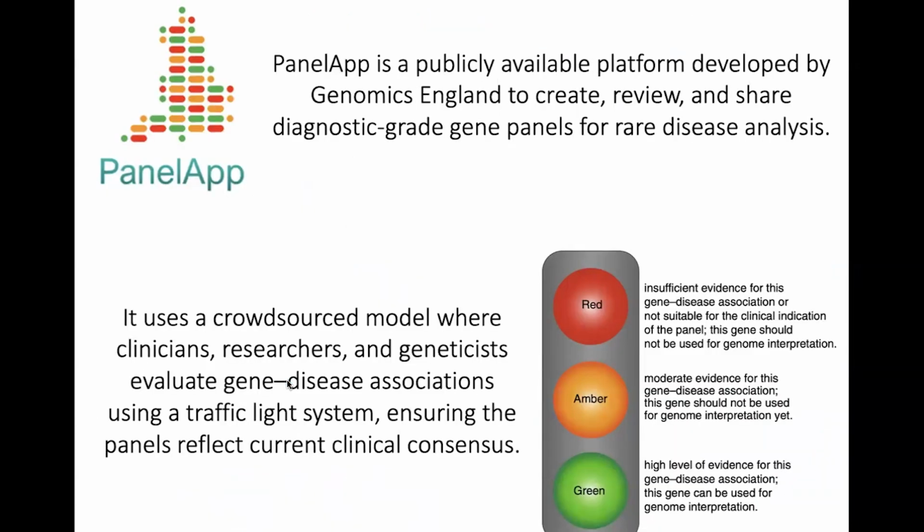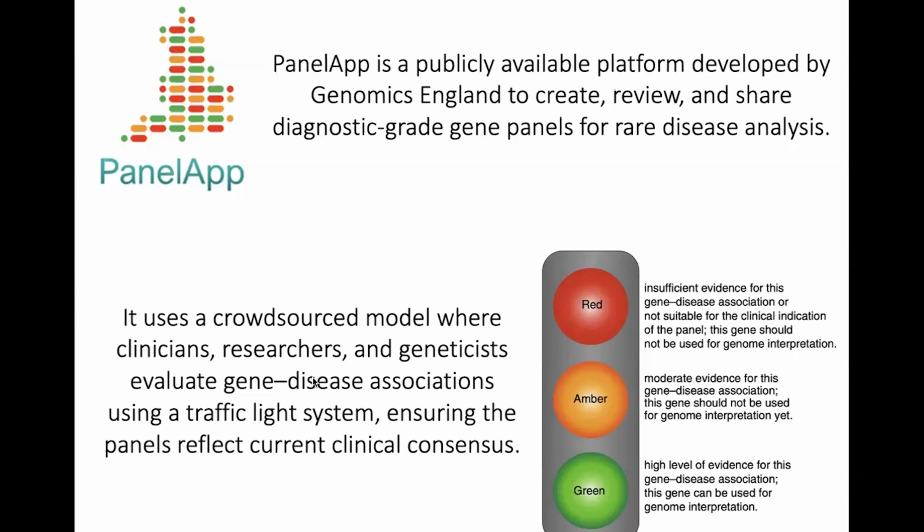So to understand what we did in our analysis, it's important to understand what the standard or original Genomics England diagnostic pipeline is. Basically, they developed a tool called PanelApp, which is a publicly available platform to create, review, and share diagnostic-grade gene panels for rare disease analysis.